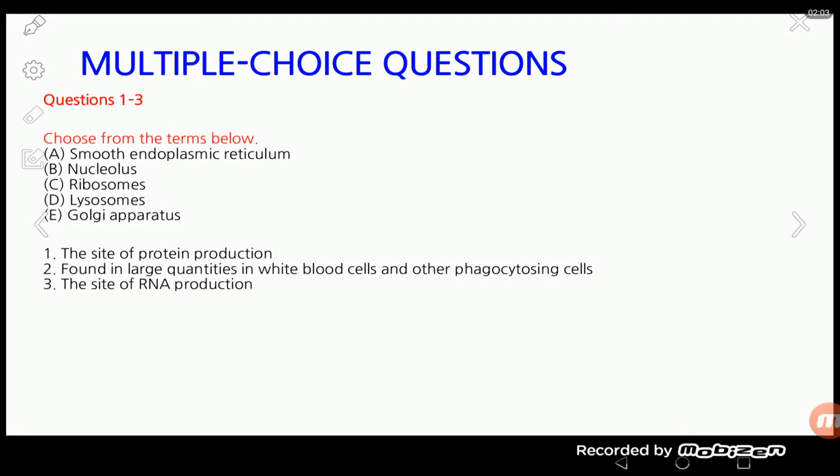As you see, we have those organelles. We have smooth endoplasmic reticulum, in which its function is breaking down of alcohol and toxic materials. Nucleolus is found inside the nucleus, and its function is production of RNA.